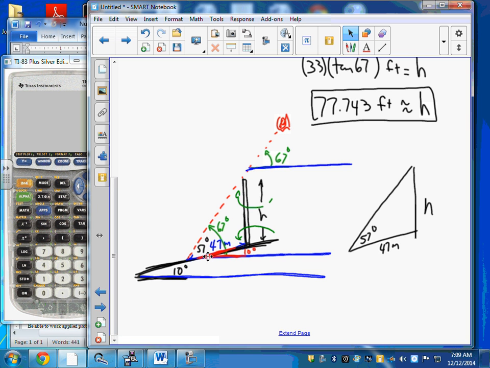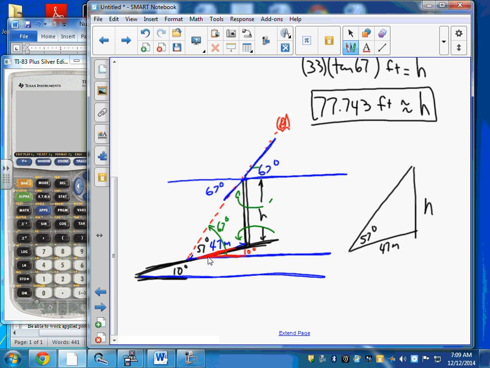And again, we're going to be using the fact that we have horizontals and verticals. The tower is vertical. Okay, so let me look at our angle of elevation again. This is 67 degrees. So this is 67 degrees. And if I go straight across this way, this would be 67 degrees.